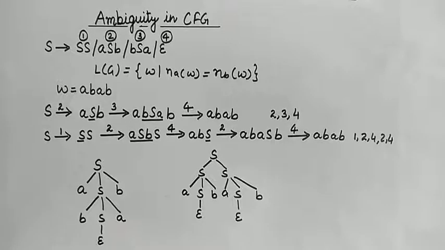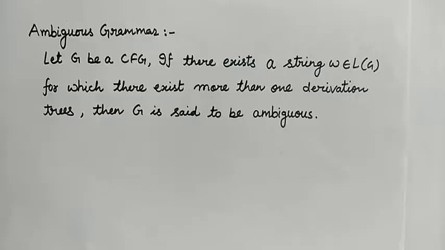So here you can see there exist more than one derivation trees for the same string, which is not desirable at all, since it means there are two interpretations, two meanings of the same string. So what is ambiguity? Ambiguity is a condition where a string has more than one derivation trees.